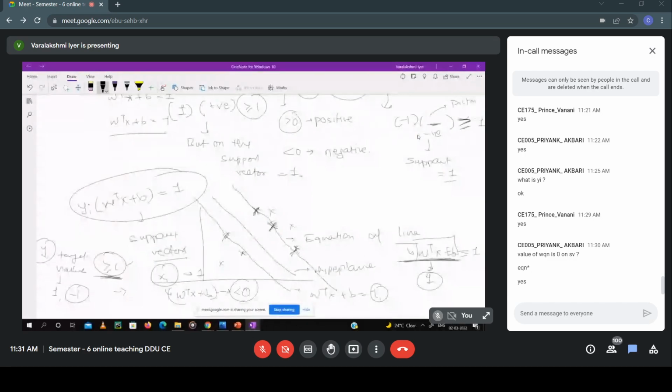So the model is saying that the point is on the negative side of the hyperplane. So this value will be less than 0, less than 1. So you can say that the point is misclassified. So for all the correctly classified points, yi into W transpose X plus B will always be greater than or equal to 1. Are you getting this?